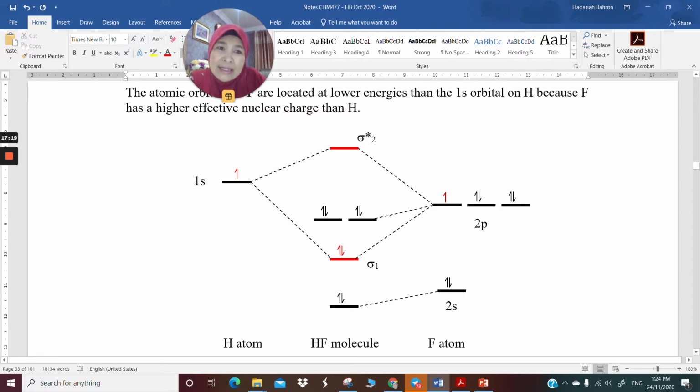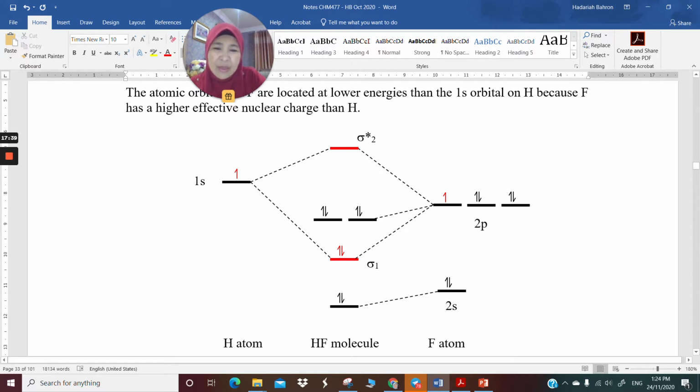And then what else? You have these two, 2py and 2pz. They do not have anything else to overlap with. So they simply again become non-bonding molecular orbitals like this.